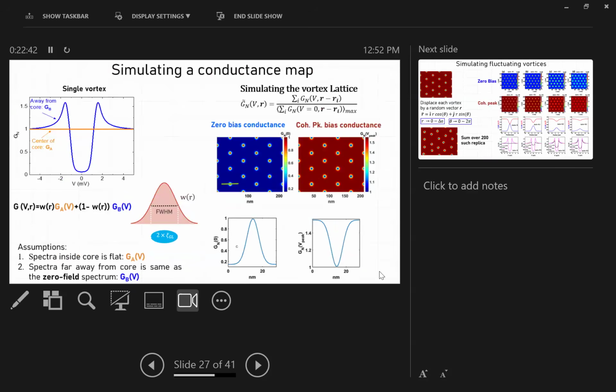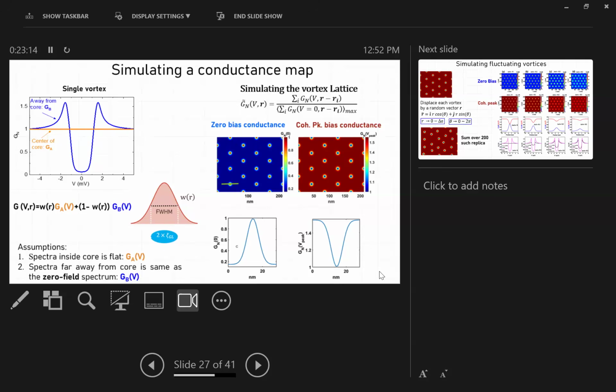Now to understand this, I have to find out the amplitude of fluctuation with respect to the vortex lattice constant as a function of magnetic field. So for that, we simulate the conductance map. We have a scheme to interpolate between a flat spectrum at the center and a spectrum like this, which is identical to the zero field, far away from the vortex core.